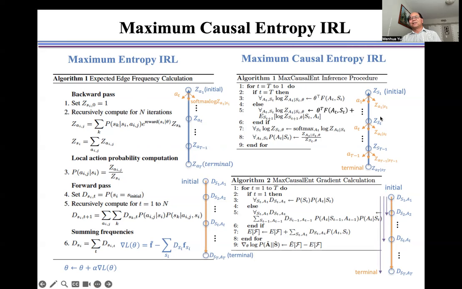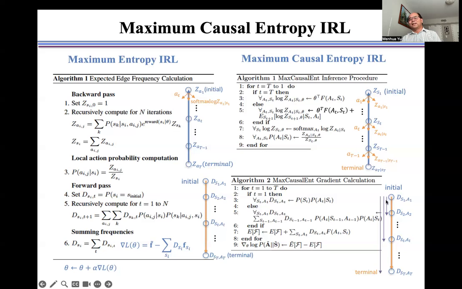So we need to calculate the policy at each state, and this is in the backward pass. In the forward pass, the agent under the policy pi just propagates the signal from the current state to all the possible states along all the possible trajectories. So in maximum entropy, we go step by step to all the possible next states.